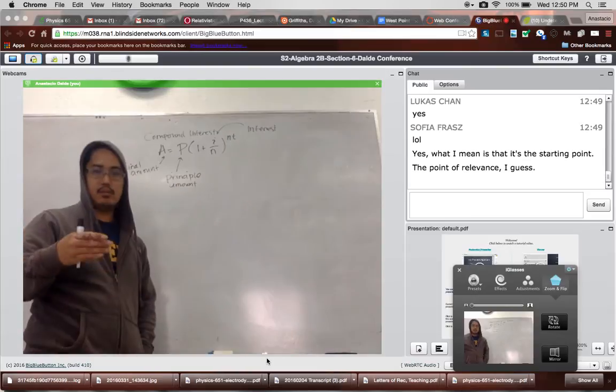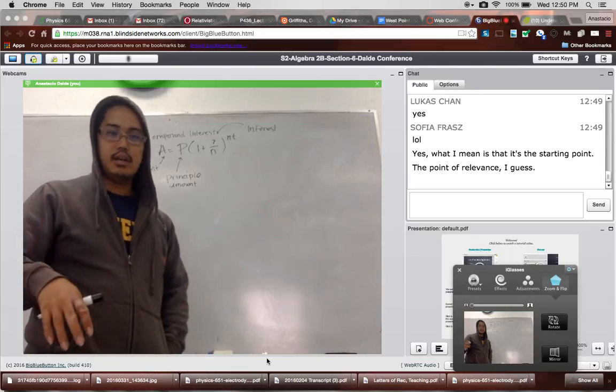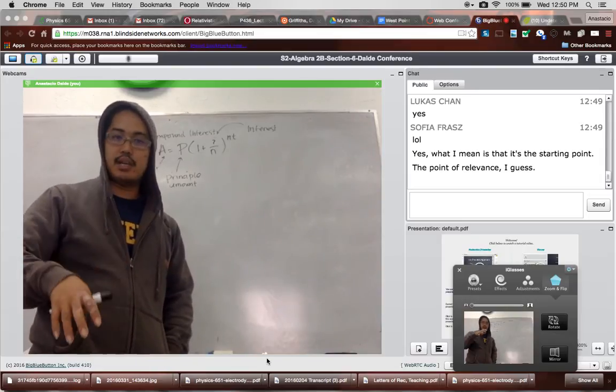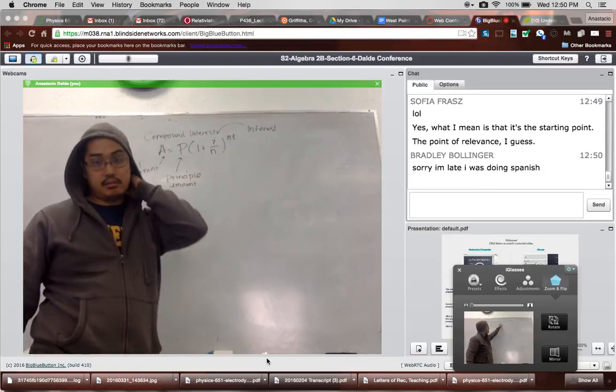And annually means once per year. So if you put your money in an account with an interest rate that incurs 5% every year, then you would put 5% in there. You guys got it?